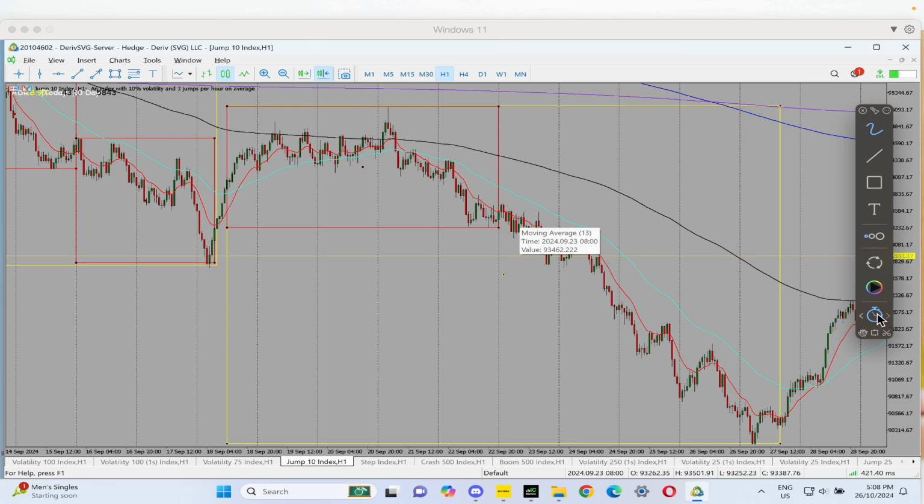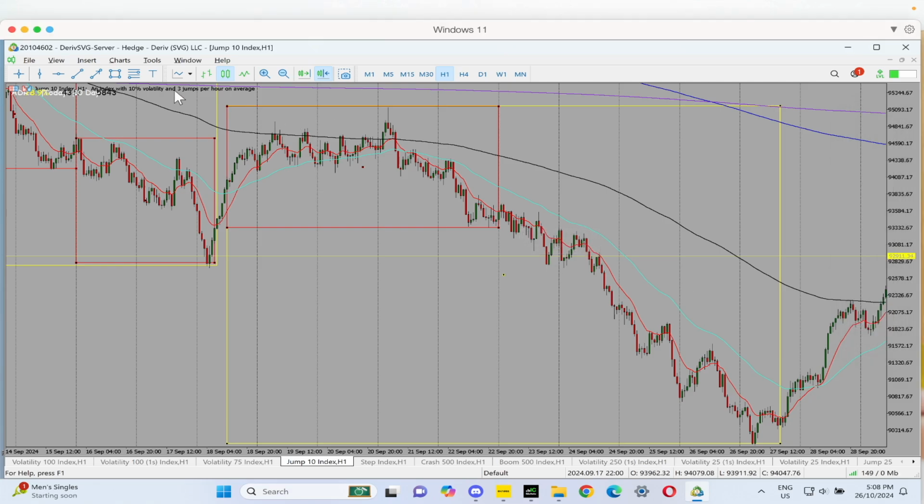So all this for me is some consolidation all here. So what you want are clear moves away from a zone. So I will mark all this as my level 2. All right, and then after having marked this as my level 2, then lastly I'll mark all this as my level 3. So which means this is my first leg, and again they decided to extend further the second leg.